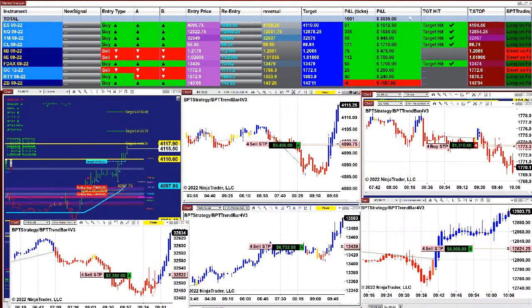On the market analyzer, there are 5 automated trades, and we're about to hit 1,000 ticks of profit based on one contract.